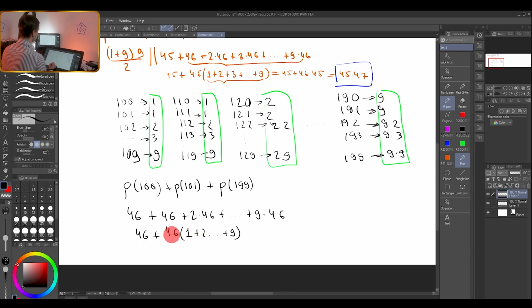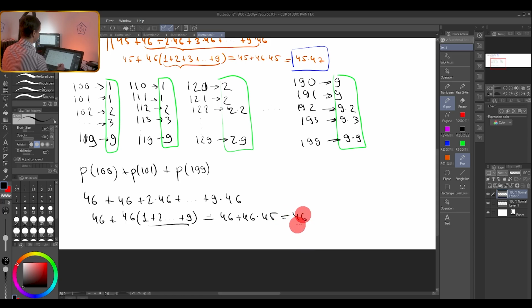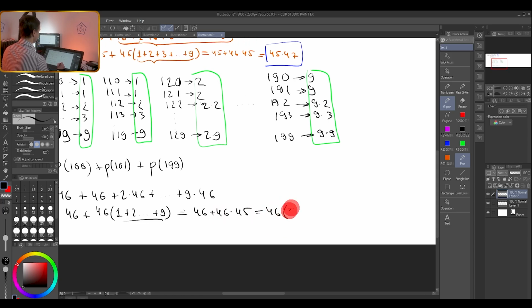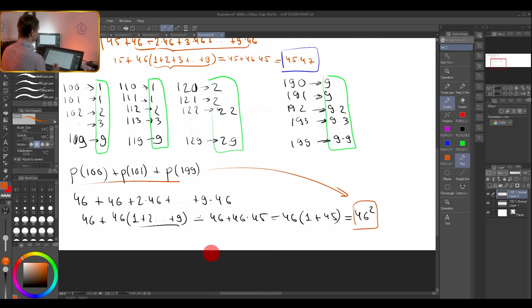So it will be 46 plus 46 times, this one is 45. It will be 46 plus 46 times 45. And again, we can factor out 46 here. In parentheses, we will have 1 plus 45, and it will be simply 46. So the sum is 46 squared, which is an amazing result. So the sum of these numbers is simply 46 squared.